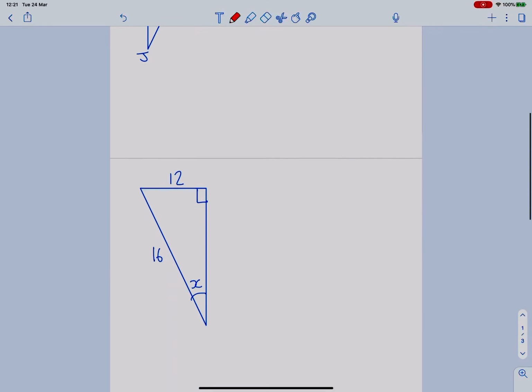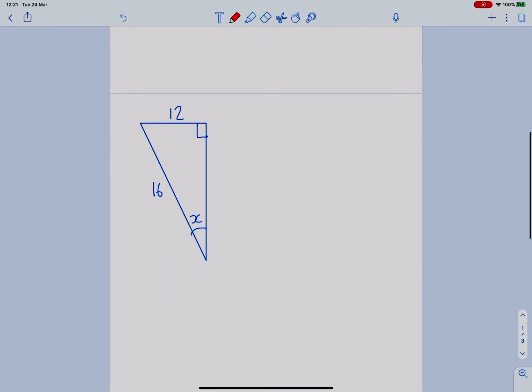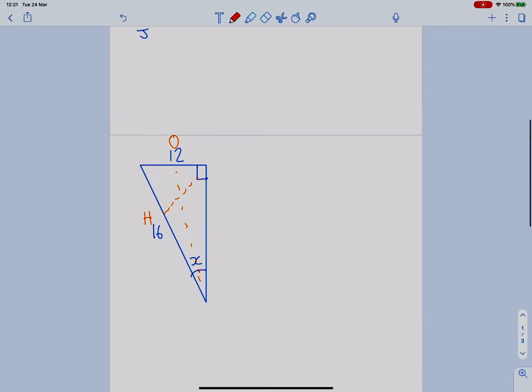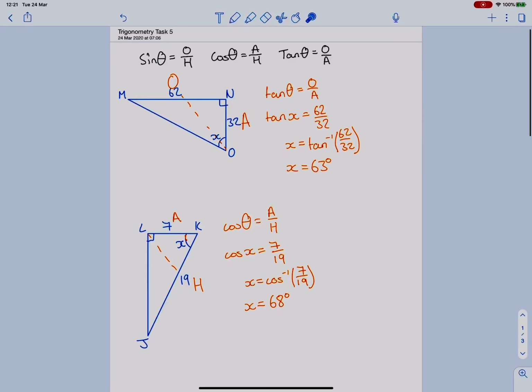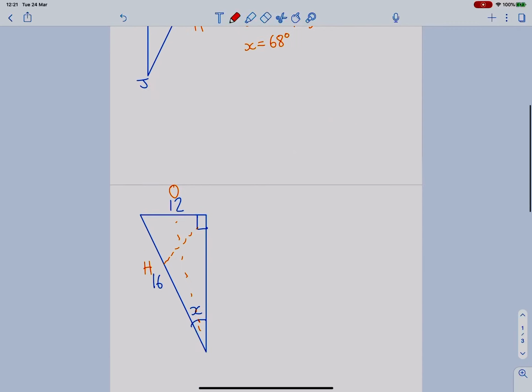For the final one, across from the x, that's going to be the opposite, across from the 90 degrees, hypotenuse. O and H, look back at the top, O and H is going to be sine theta.